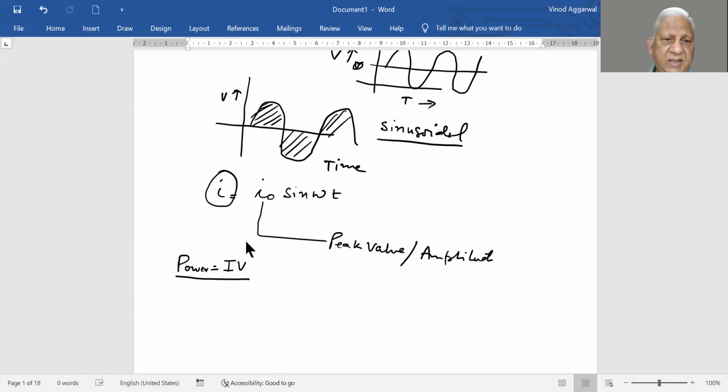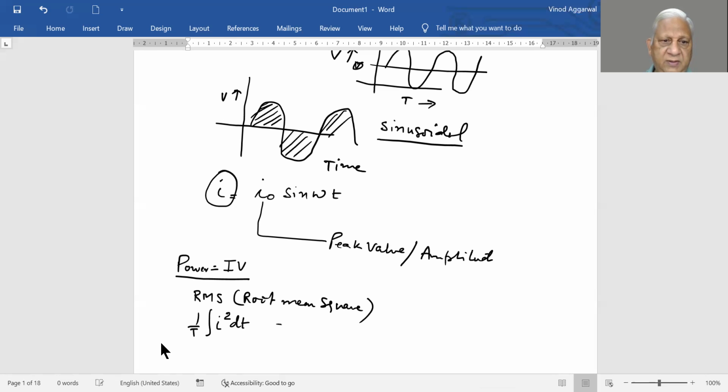So as to make this process simple, we define certain terms called RMS, root mean square. For an instantaneous value of current, instead of taking this value, we take the square of this value, integrate it over a time period and divide by the time period.